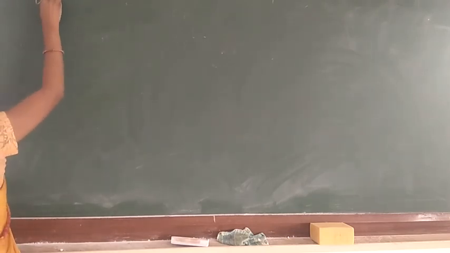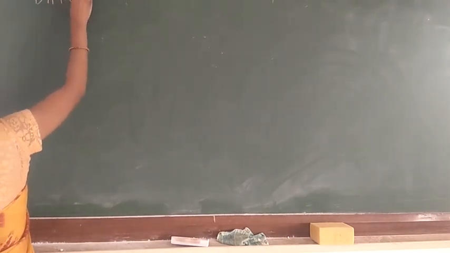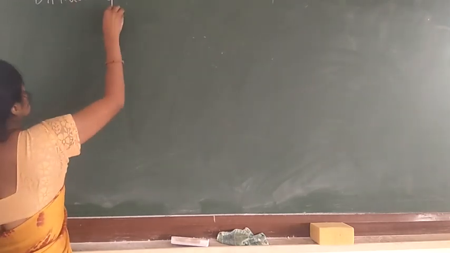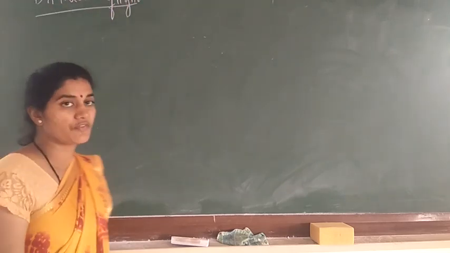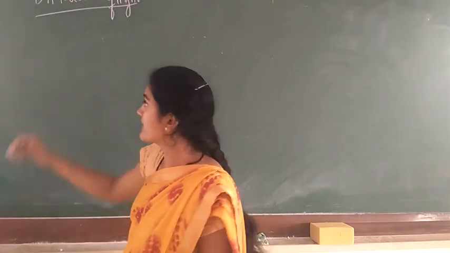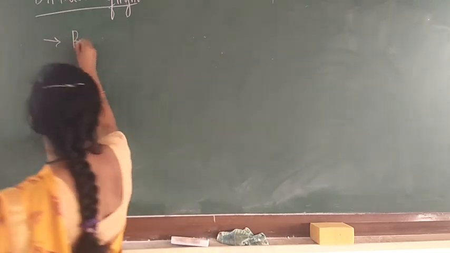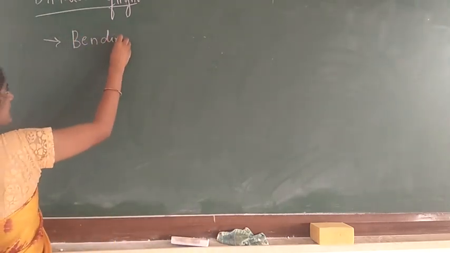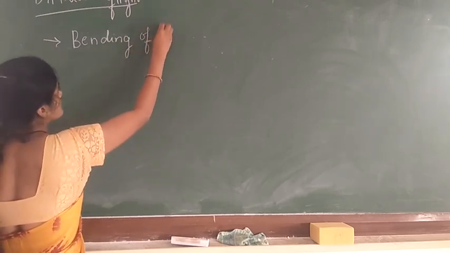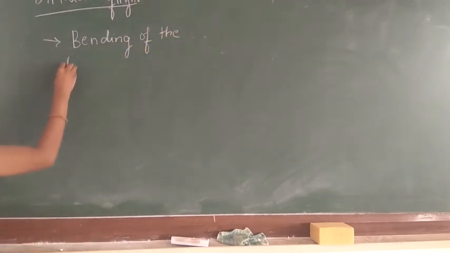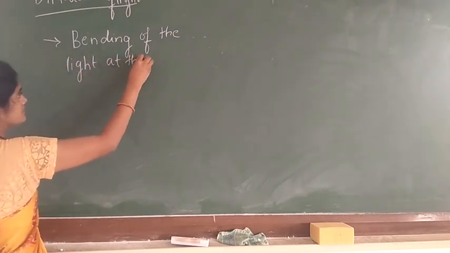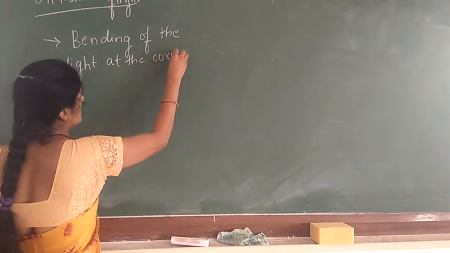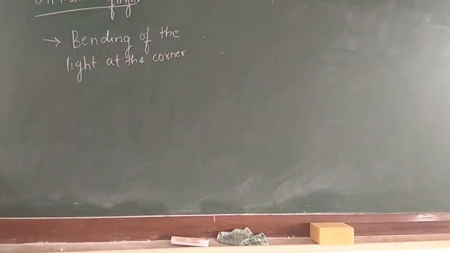The diffraction of the light. Now to define the diffraction of the light, the bending of the light at the corner is called the diffraction of the light.